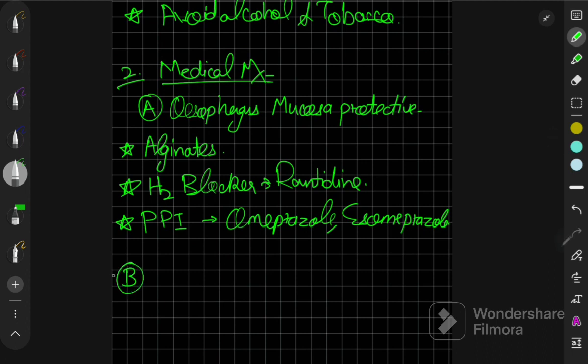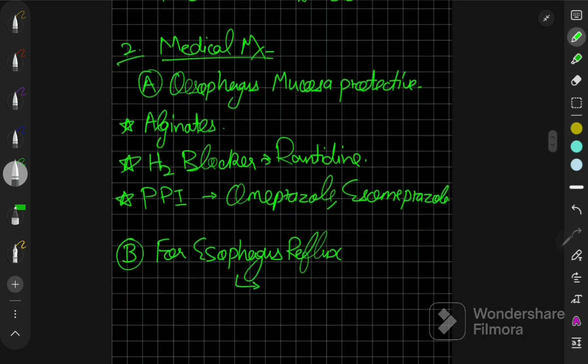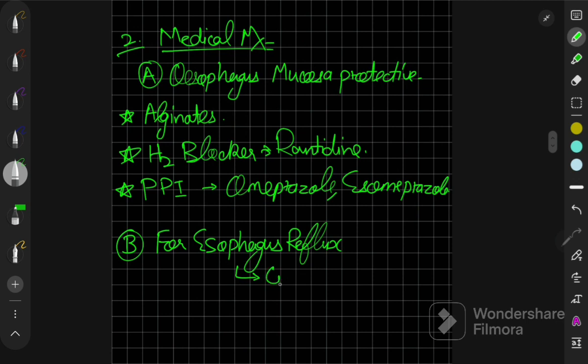Then comes the treatment for esophagus reflux. We have cisapride, metoclopramide.